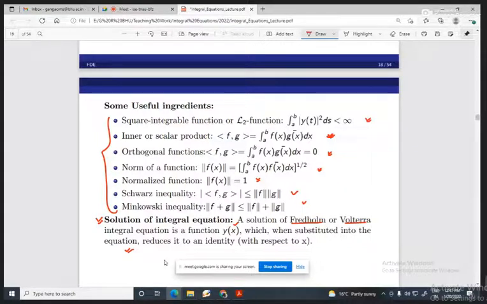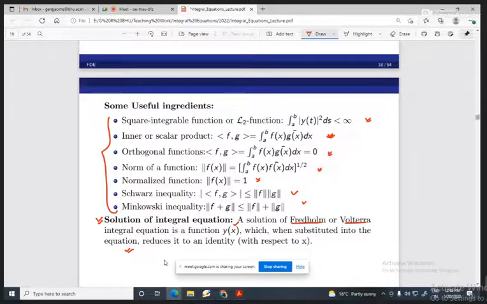That integral equation may be a Fredholm or a Volterra integral equation. If we substitute y into the integral equation and it reduces to an identity, then we can say that the function is a solution of the integral equation.